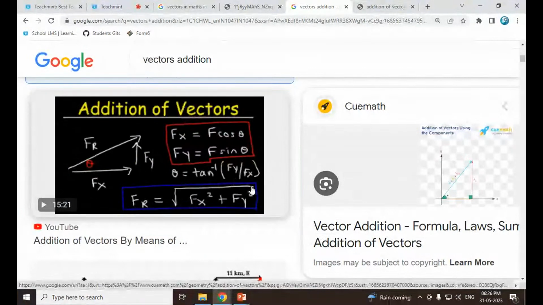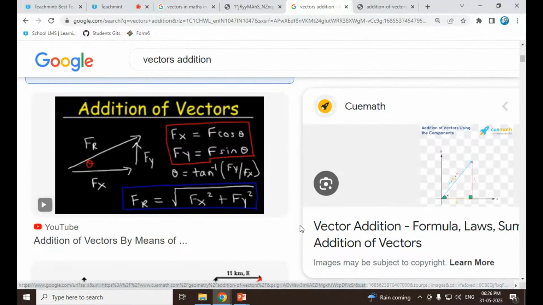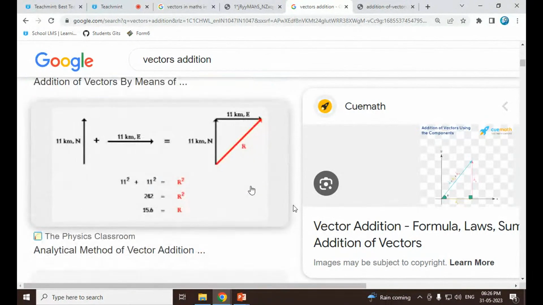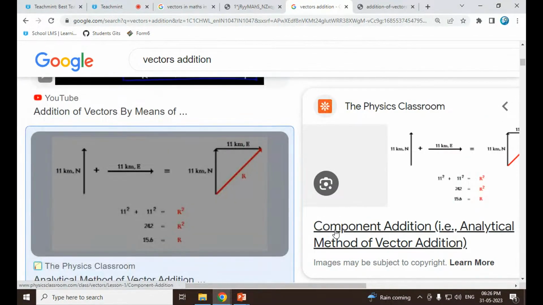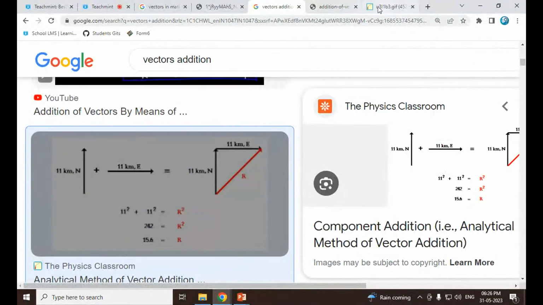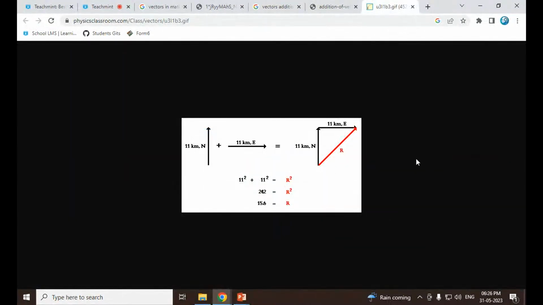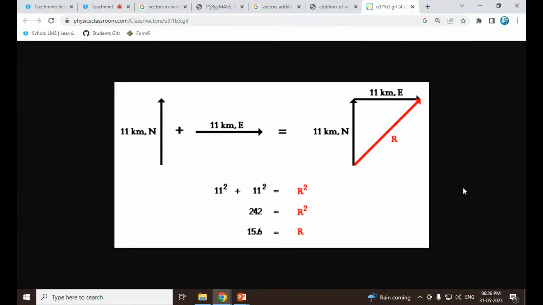In vector addition, that is the same thing that you're doing there. Take one more example. Look at this example: 11 kilometer north, 11 kilometer east. When you add them, what is the resultant value?